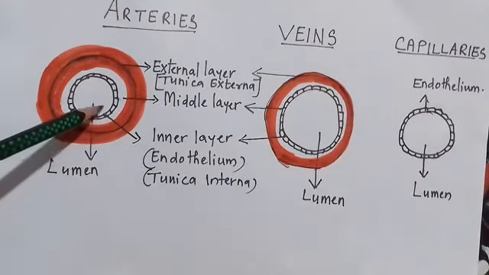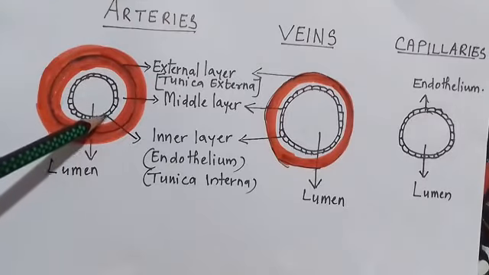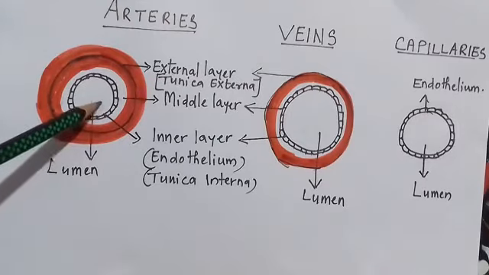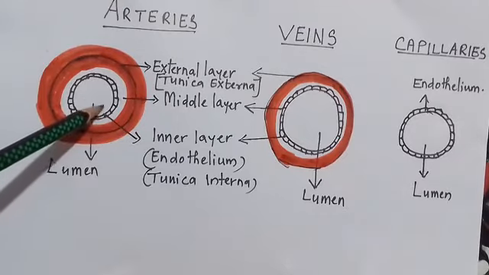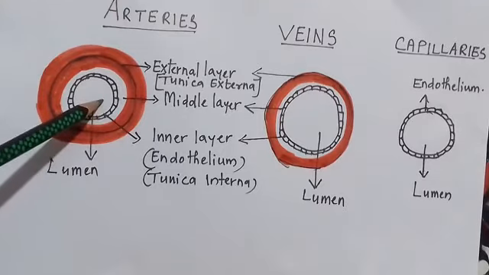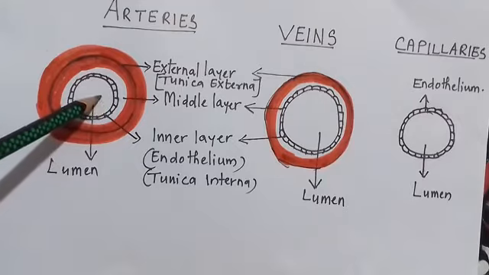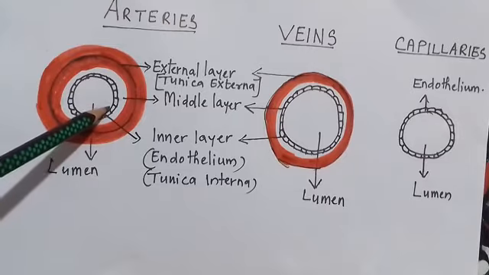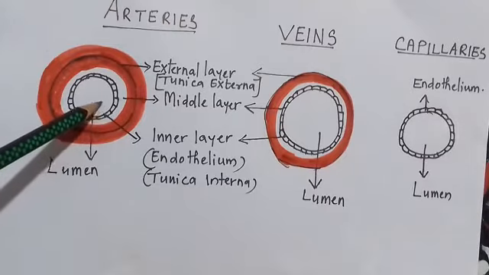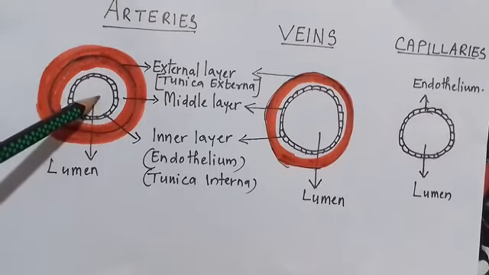Because of this, during ventricular systole, when the ventricle contracts, blood is pumped from the heart through the aorta to all organs through the arteries. So here the blood flows with much jerk and with great pressure, because of the systolic pressure. When the ventricle contracts, blood is pumped through the aorta, which branches to form arteries and reaches different organs.